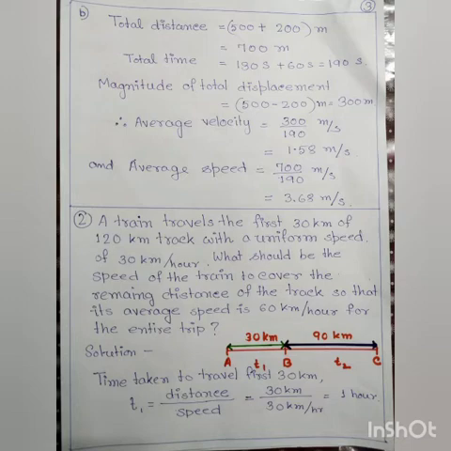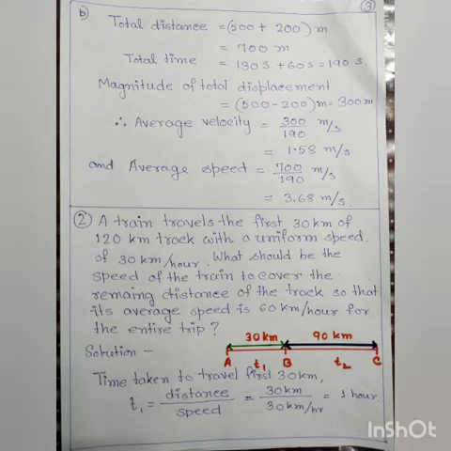So let us consider the total distance the train has to cover is AC, that is 120 km. Now the first 30 km the train travels with a uniform speed of 30 km per hour. So after 30 km the point is here, which we have considered B. Clear?